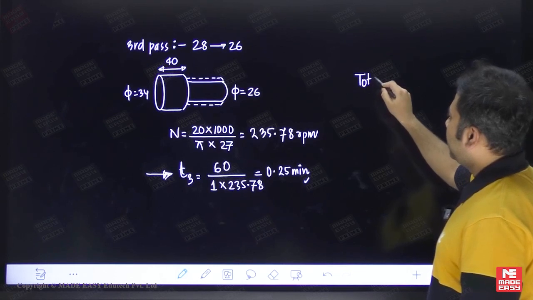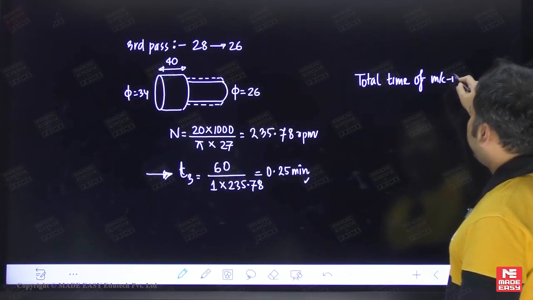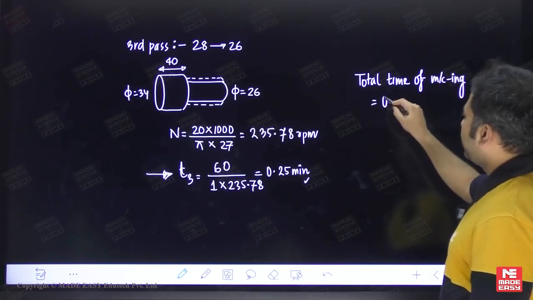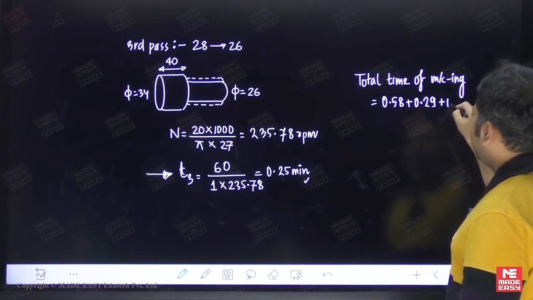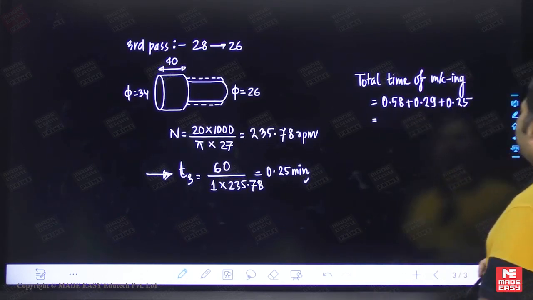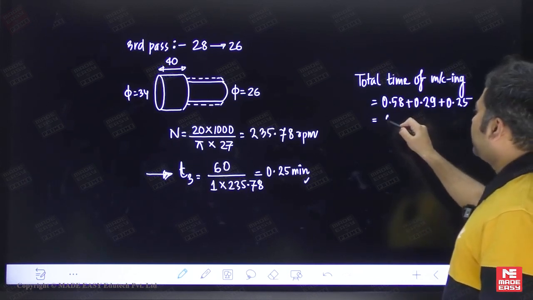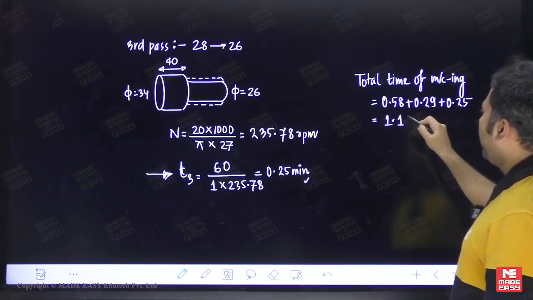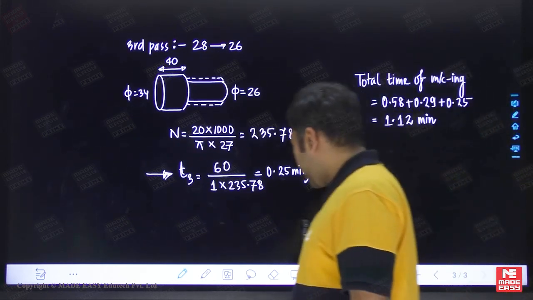So total time of machining is equal to 0.58 plus 0.29 plus 0.25. Okay, so it's 0.29 and 0.25, so it's 0.54, and from here we have 0.58, so it is 1.12 minutes. So this is the total machining time.